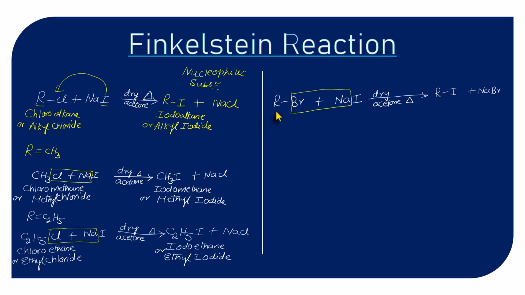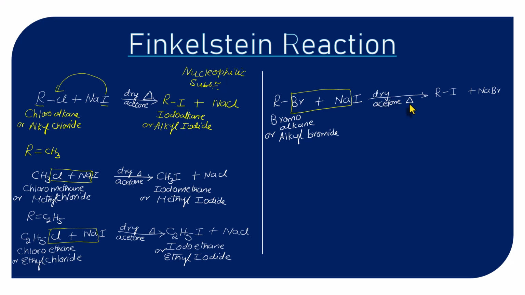So what's the name going to be? This is bromoalkane. Bromoalkane, otherwise called alkyl bromide. Otherwise called alkyl bromide, is treated with sodium iodide in dry acetone.